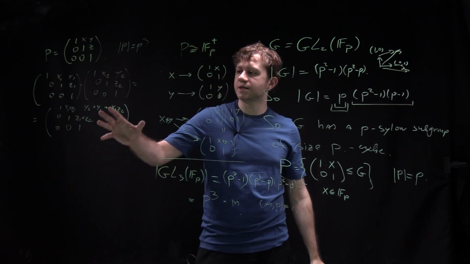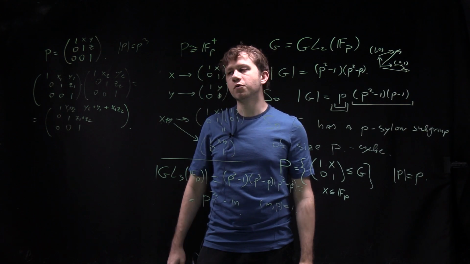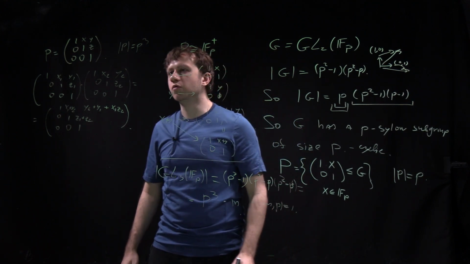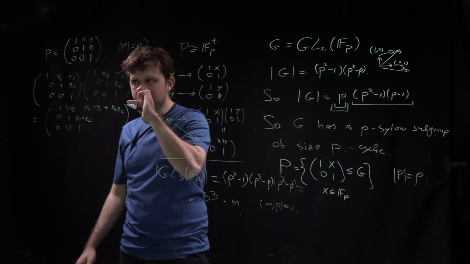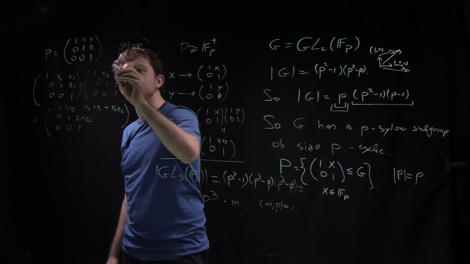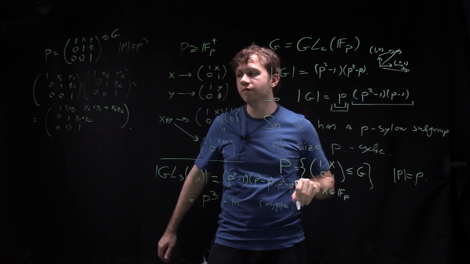So you see that basically everything is super simple except this term. So this group is not abelian. So P is firstly a subgroup, right? You multiply two elements, you get an element there. So P is indeed a subgroup of G, and we know that it is Sylow.